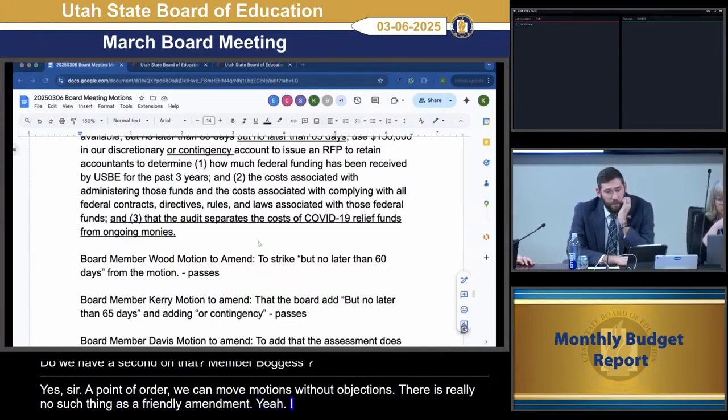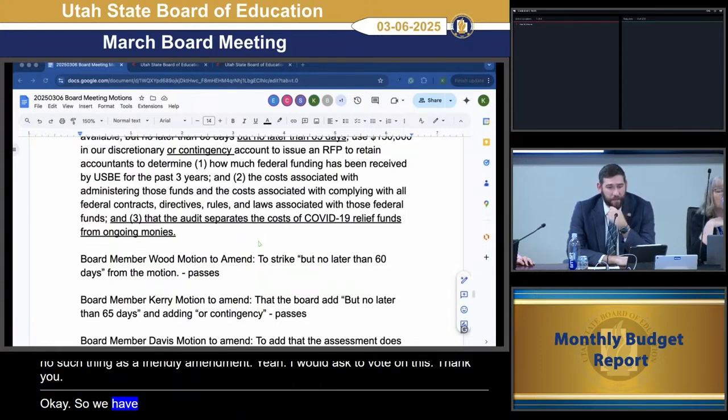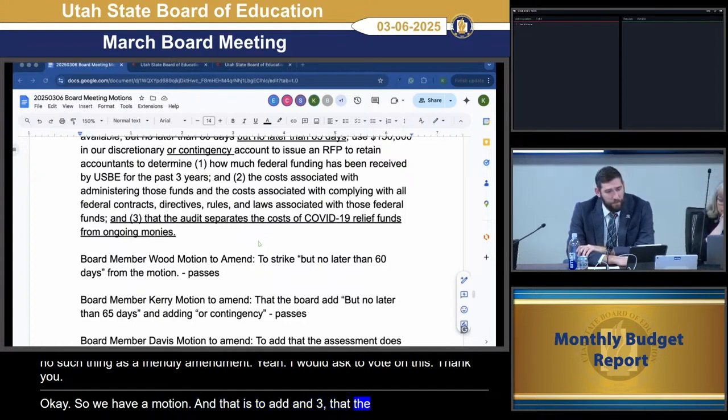Okay, so we have a motion, and that is to add 3, that the audit separates the costs of COVID-19 relief funds from ongoing monies. Let's vote.